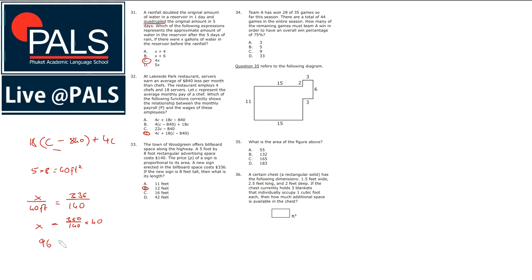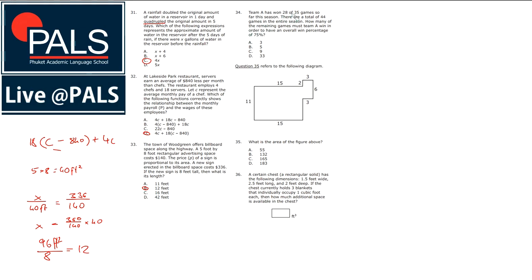And then this is the area, square foot of the larger billboard, and we want to know its length, and if it's 8 feet tall, so we need to divide this by 8, and that is 12. So 12 feet.